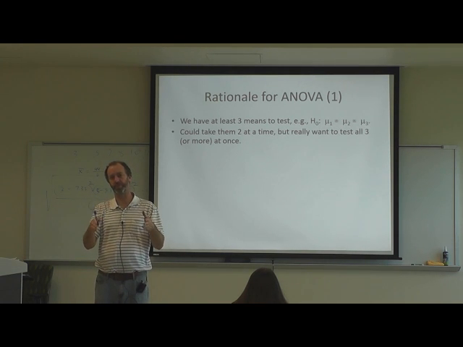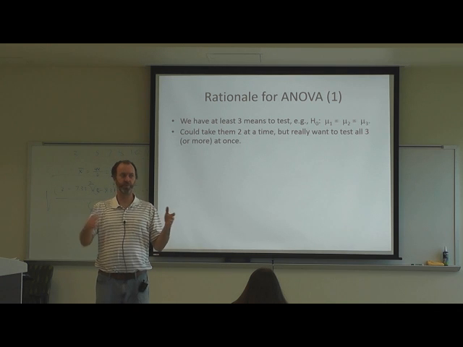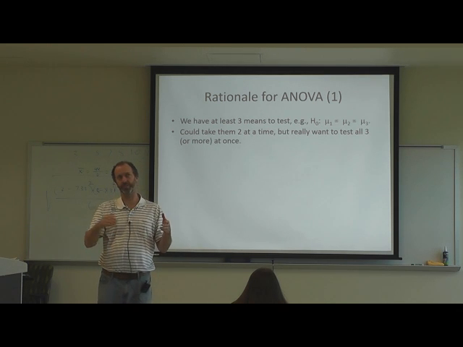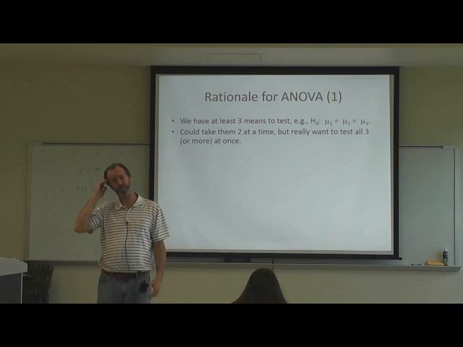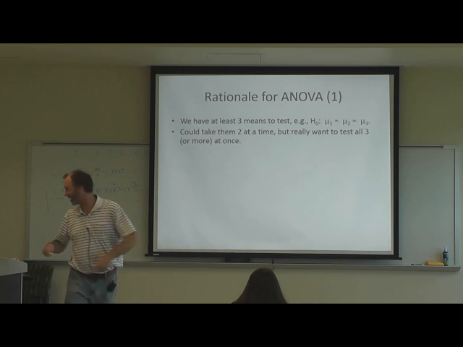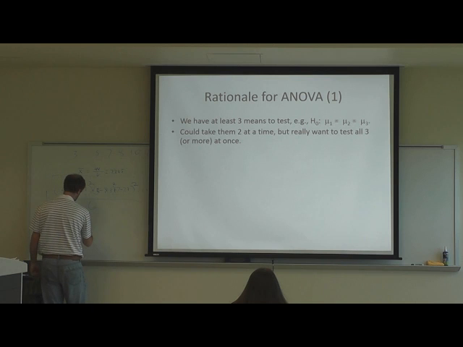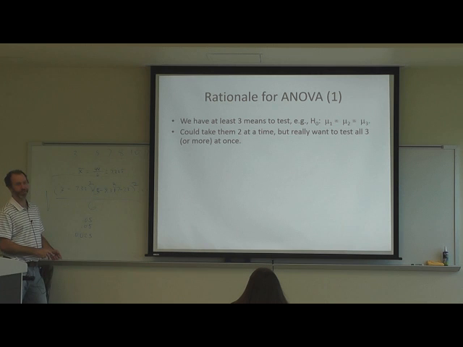0.05 times 0.05 equals... wait, 0.05 times 0.05 isn't 0.025, is it? So that's 1, 2, 3, 4 decimal places, 0.0025, right?